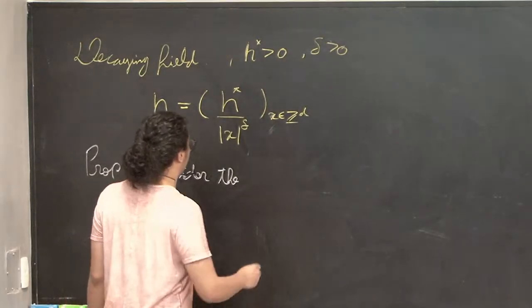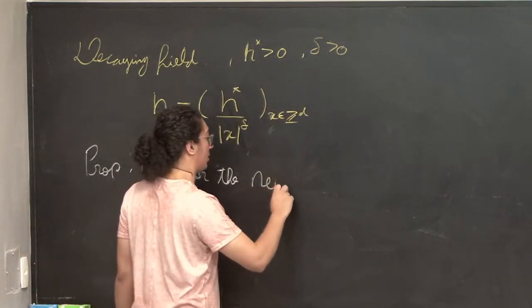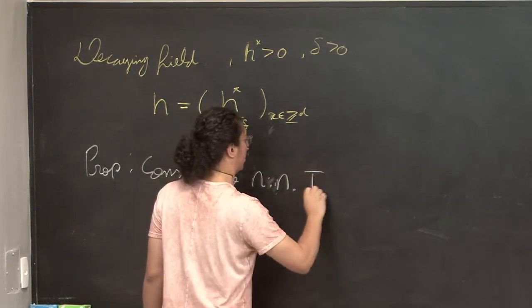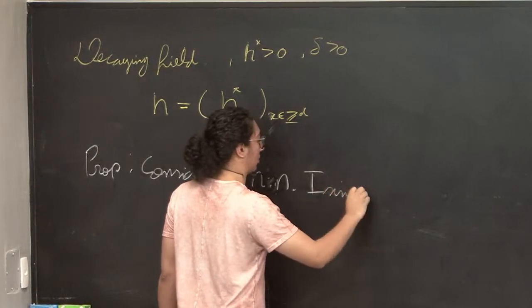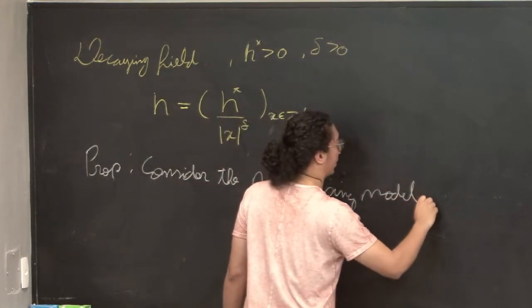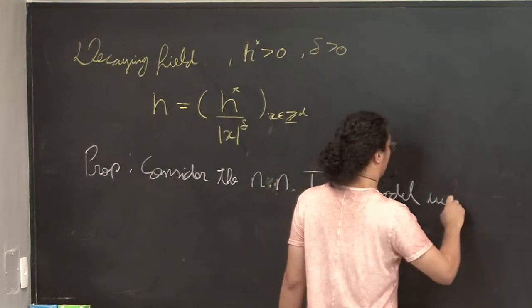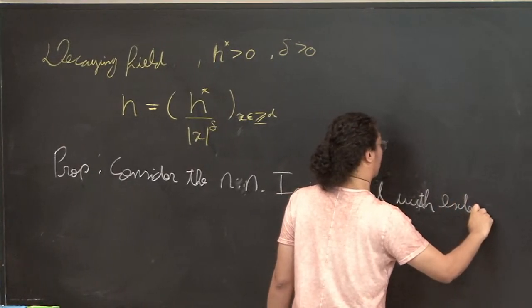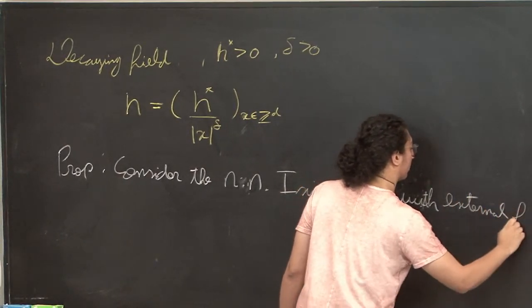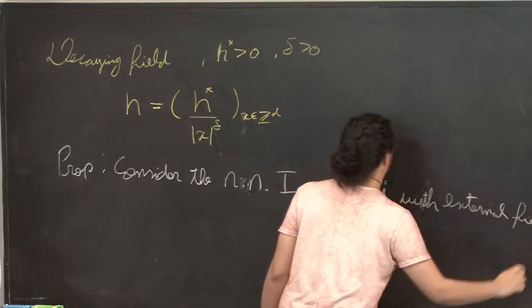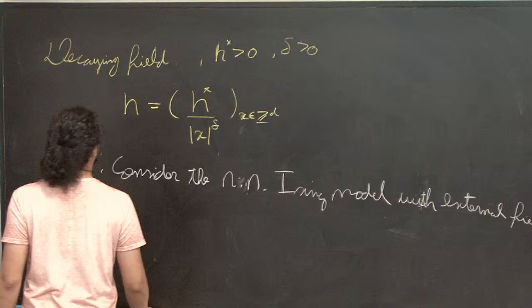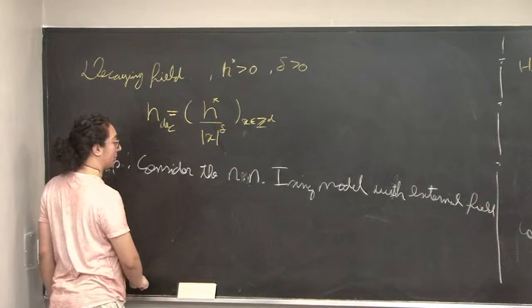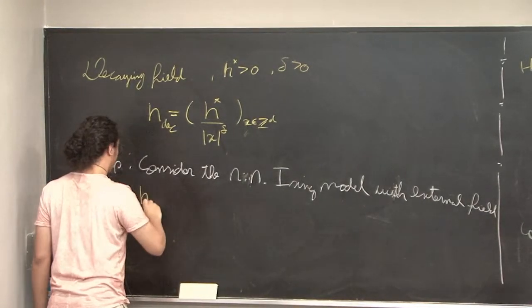Consider the nearest neighbor Ising model with the external field, let's say the decay, with external field H deck.